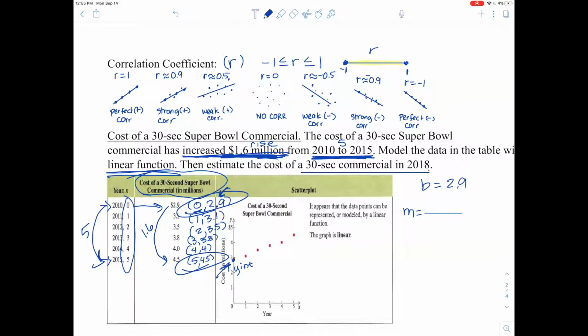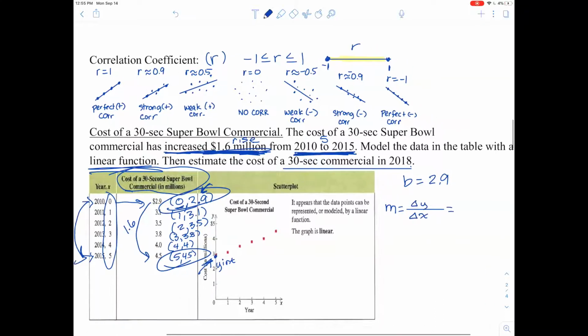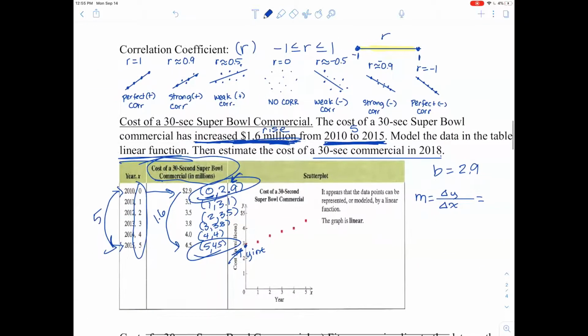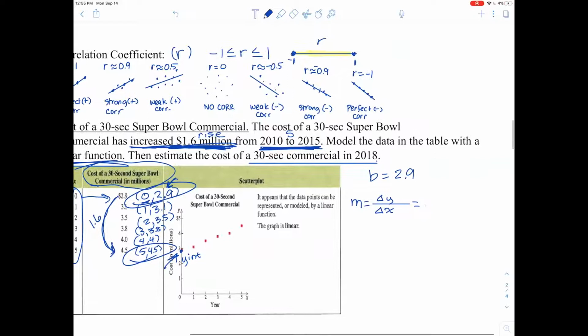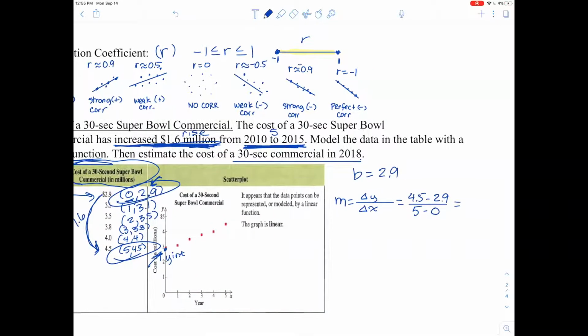So we're going to do our change in y over our change in x, and I'm just going to model what I did over here by just looking at the data and analyzing it and using the formula. So we're going to do 4.5 million minus 2.9 million over year 5 minus year 0. So that would be a change of 1.6 million over 5 years.